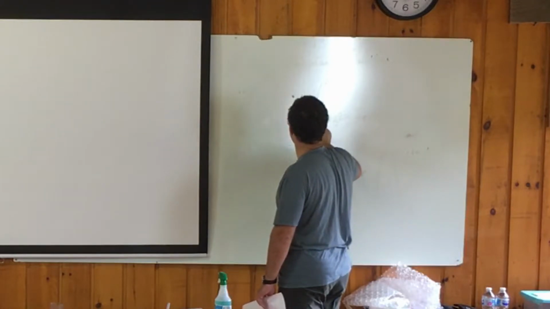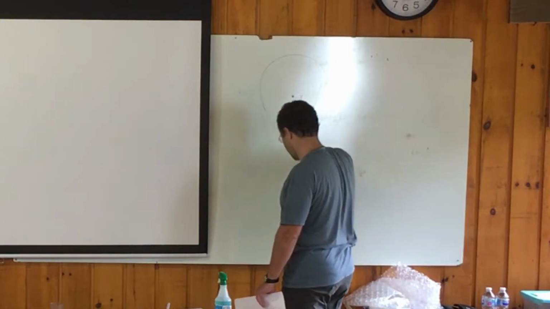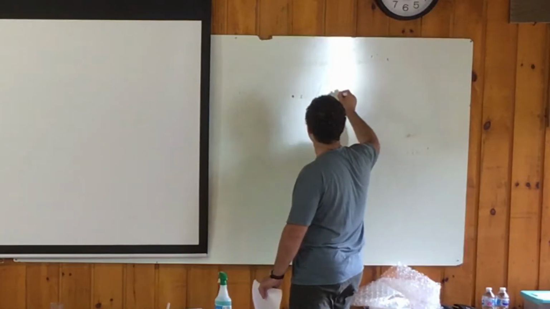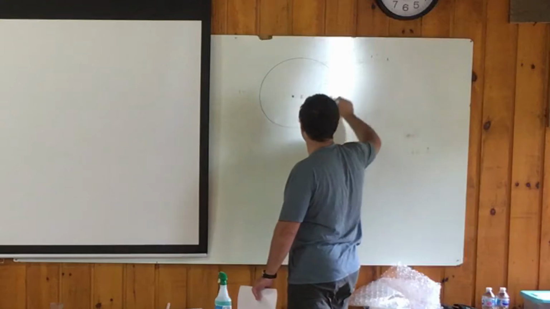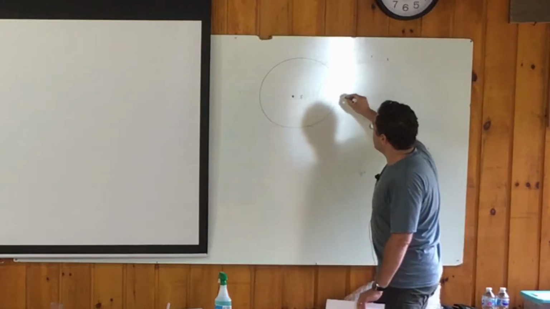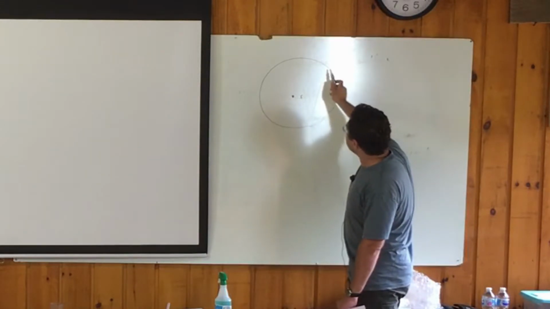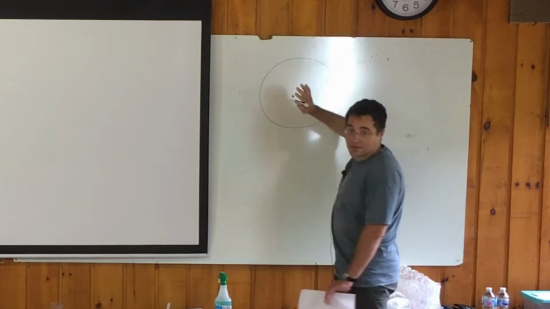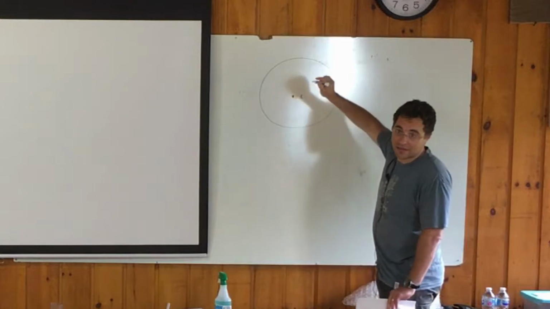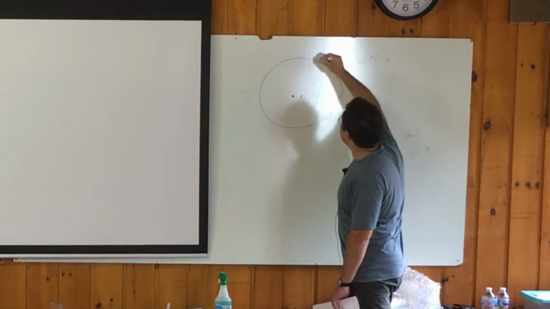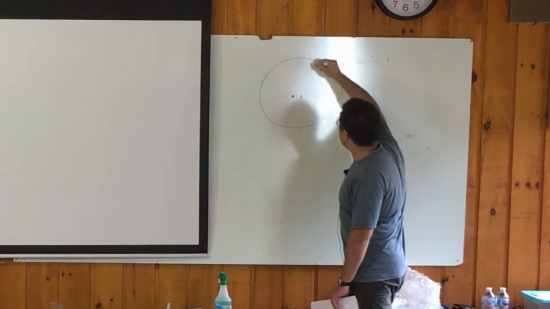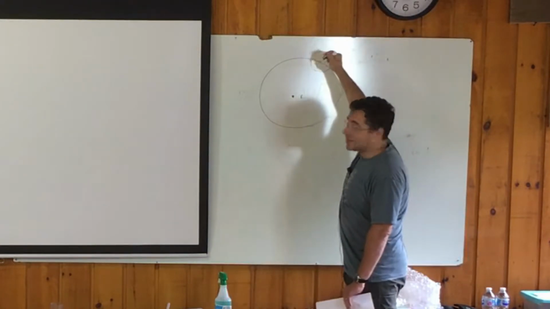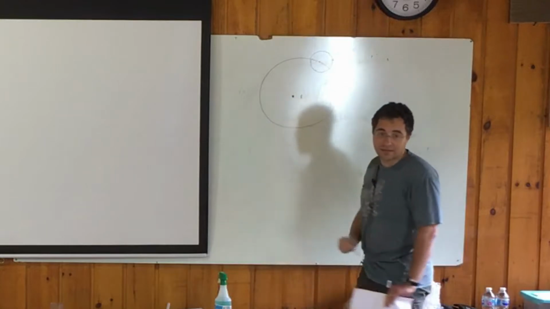And then there is a circle, though my circles are not very circular. And then there is something moving around the circle. But this something is not something we see; it is the center of another smaller circle, which in turn rotates. And the planet sits somewhere here.